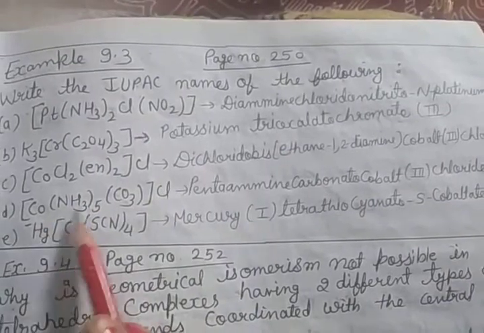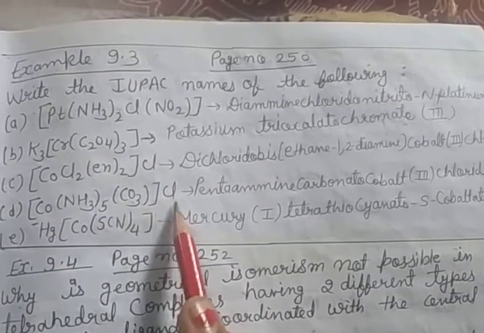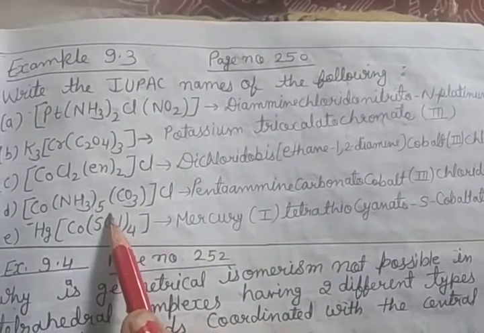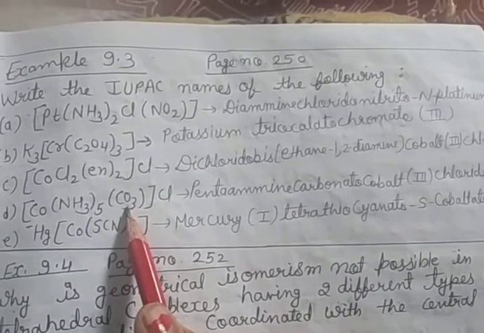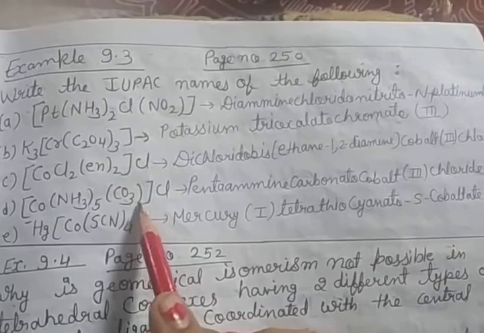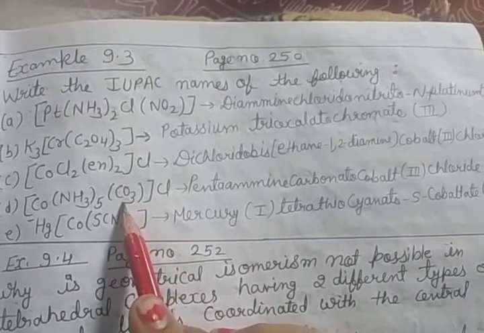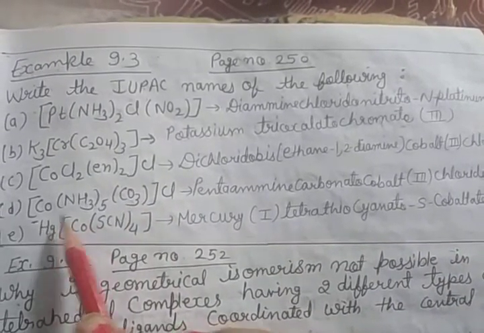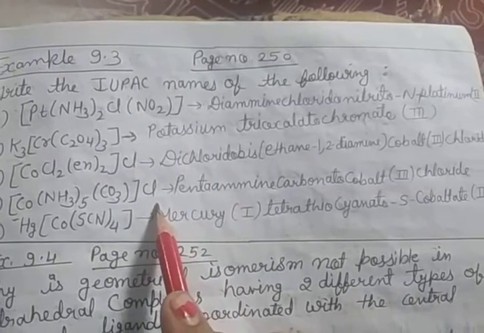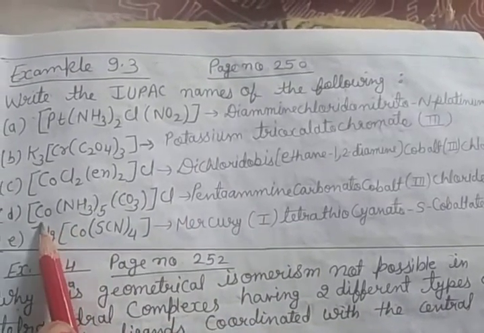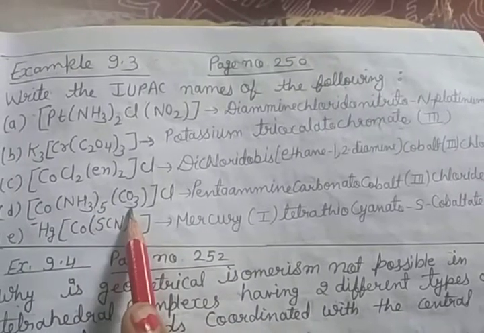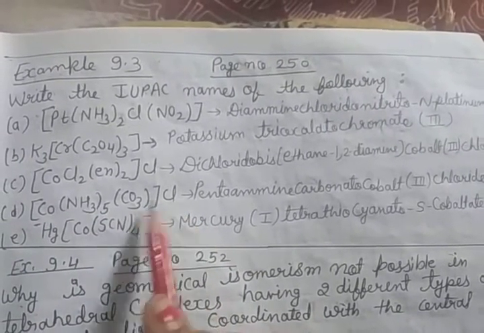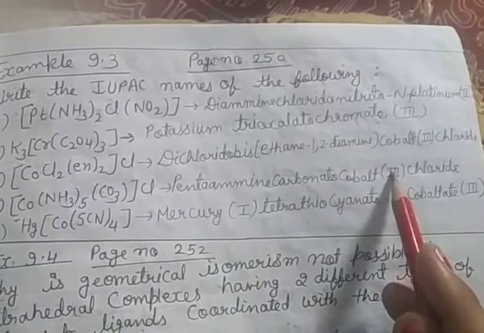Then next [Co(NH3)5CO3]Cl. So NH3 whole 5 pentaammine, and then CO3 carbonate, and here carbonato we have to write as prefix for CO3, and then cobalt. Then we have to write the oxidation number. First cobalt, so X, 0 charge and -2 and then outer side -1, so -2 -1 is -3, so 3 written in Roman numeral.